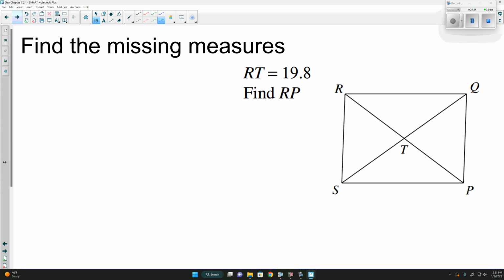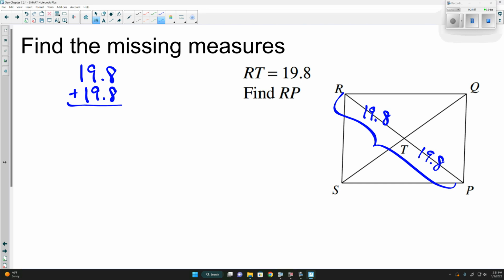RT is 19.8. What is TP? So RP is the whole thing. So we could say 19.8 plus 19.8.